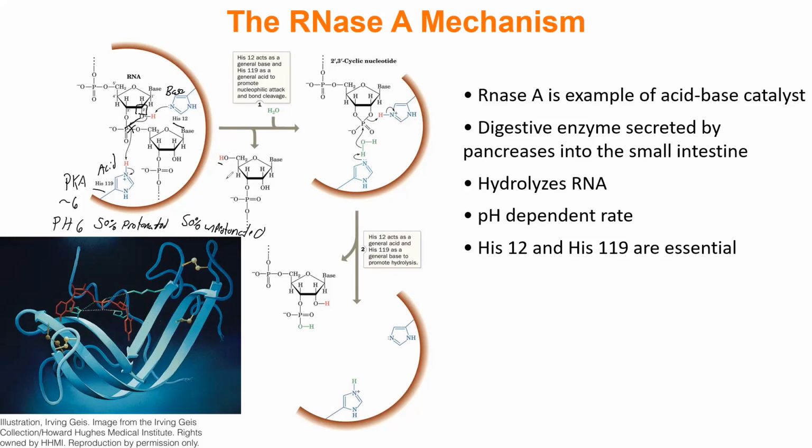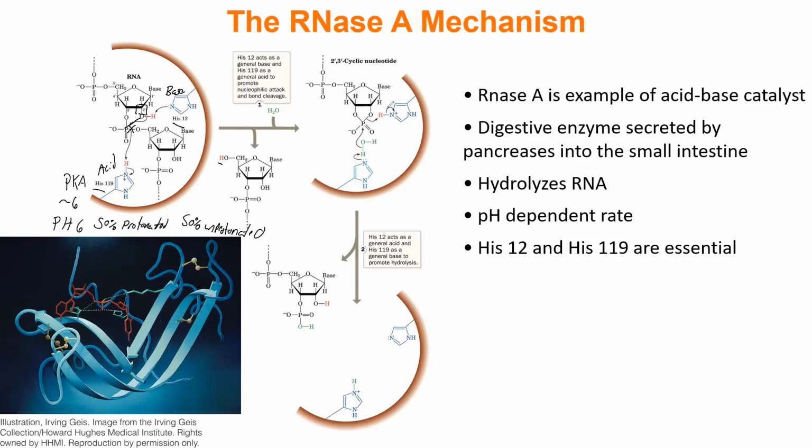However, we're not done yet, because remember, for enzymes, for any catalyst, you always have to go back to your original starting conformation. That is, His 12 needs to be without a proton. His 119 needs to have a proton.